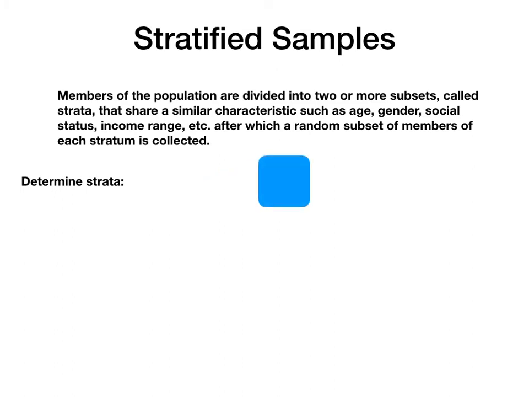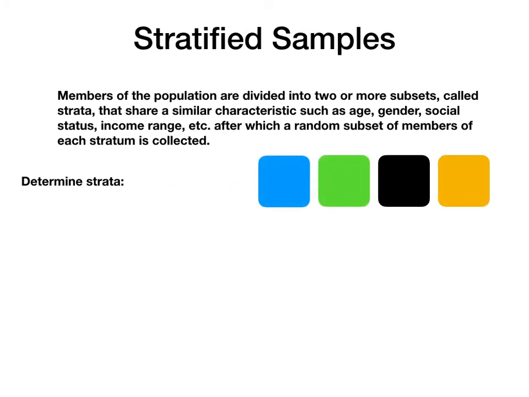So if you divide your population into 4 or so subsets, each of these strata, right? Stratum, it's like age, gender, income range, and so on and so forth. And then in each of the strata, you collect a random subset of members.